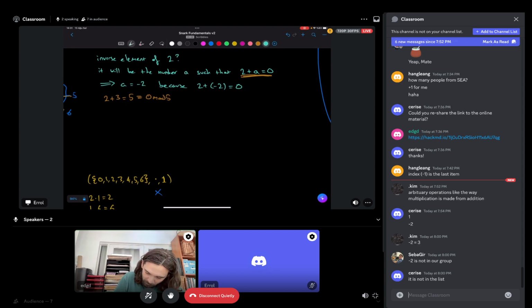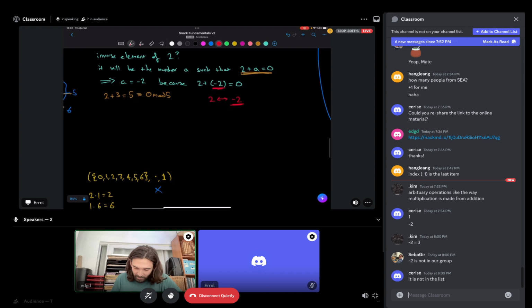I wrote -2 like this here. That is generally how we will denote our inverse element. If addition is our operation, the inverse will be the minus. So 2 will be paired with its inverse, -2. But we have to note that -2 is not in our set, but we can denote the inverse element as -2, and then we'll have to find what that element actually is.